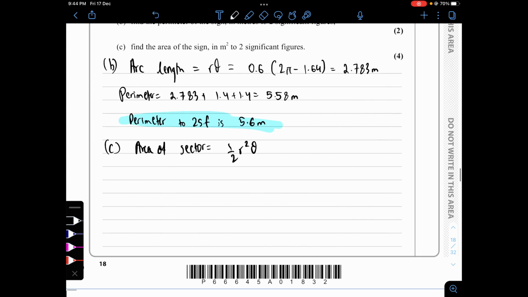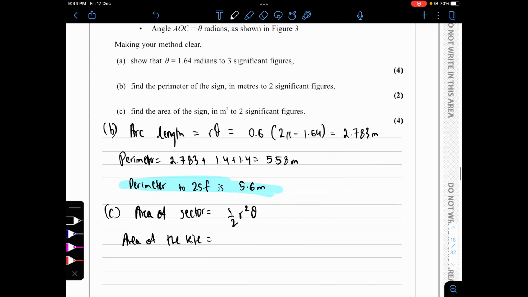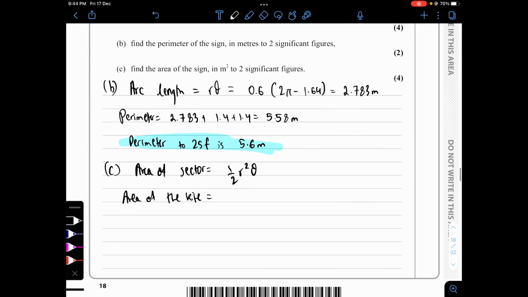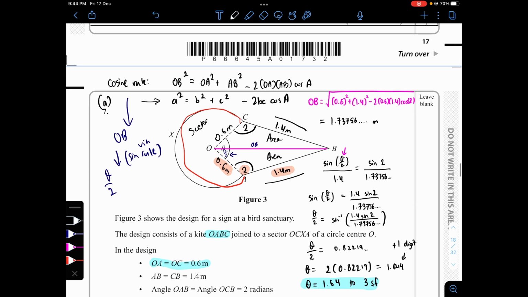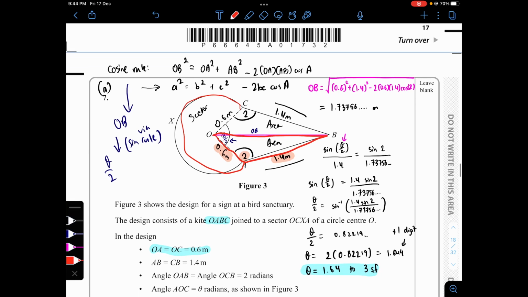And then we have the area of the kite, which is this kite here, equivalent to 2 times the area of the triangle OAB. Now OAB is this one, just to reiterate, this triangle here.